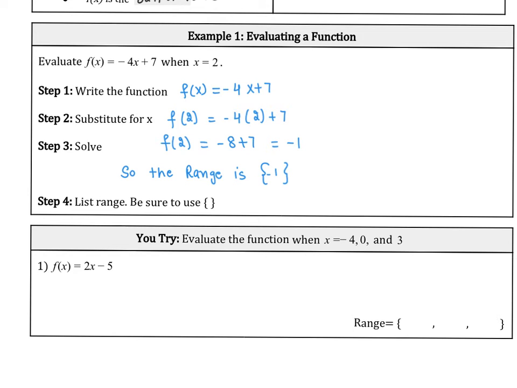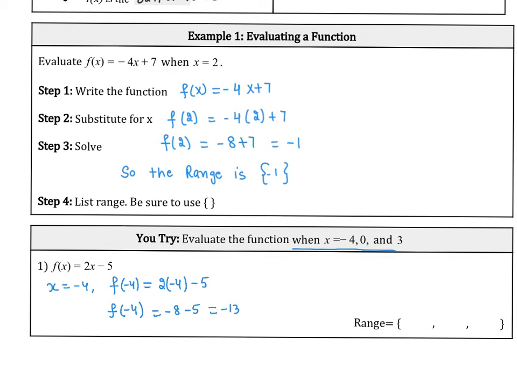Example number 1, you try problem number 1. Evaluate the function f(x) = 2x - 5 when x is -4, 0, and 3. First plug in x as -4. So f(-4) = 2 times -4 minus 5, which is -8 - 5, that is -13.